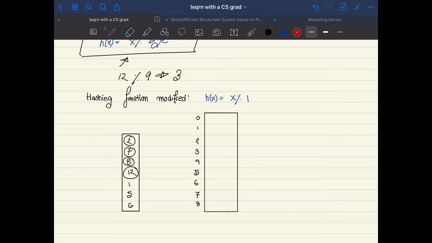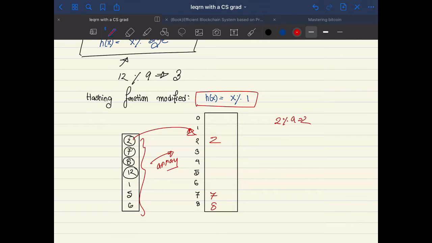So this is the modified version of the hashing function: h(x) = x % size. These are the values that we have to put into the array, and the array indexes run from 0 to 8, meaning the length of the array is 9. So 2 mod 9 gives us 2, so we put it into 2.